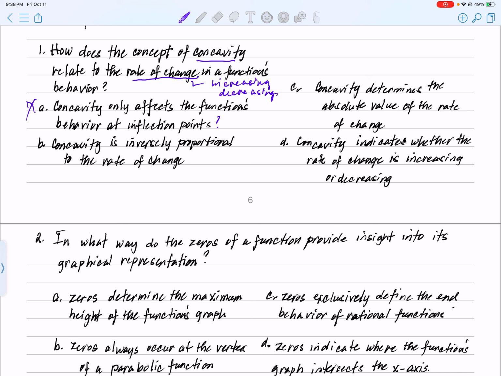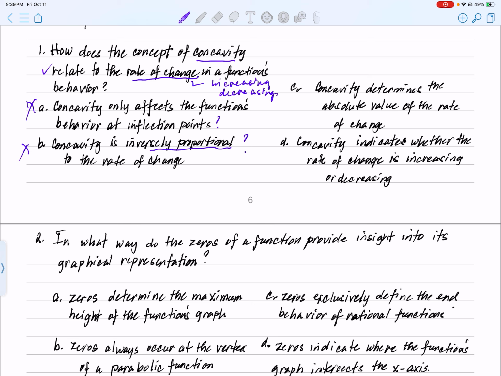It says relate to the rate of change. Concavity is inversely proportional to the rate of change, you can eliminate that. It's not talking about inversely proportional.